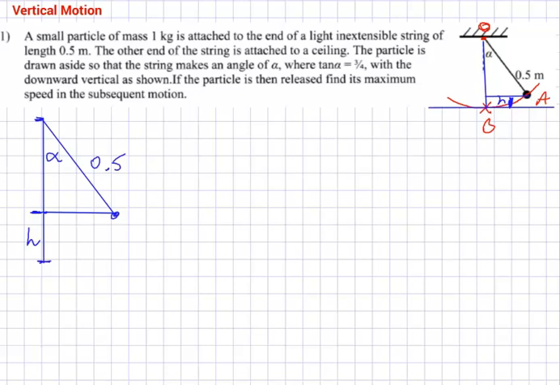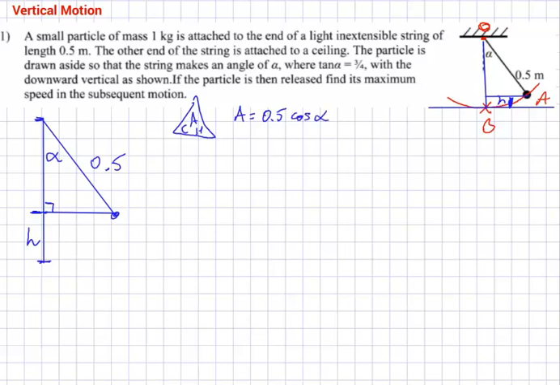Well, if we think about a right-angled triangle, we've got our adjacent and hypotenuse. We've got cosine, and we're wanting the adjacent, so the adjacent is going to be equal to the cosine of the angle multiplied by the hypotenuse. So 0.5 lots of cos alpha.